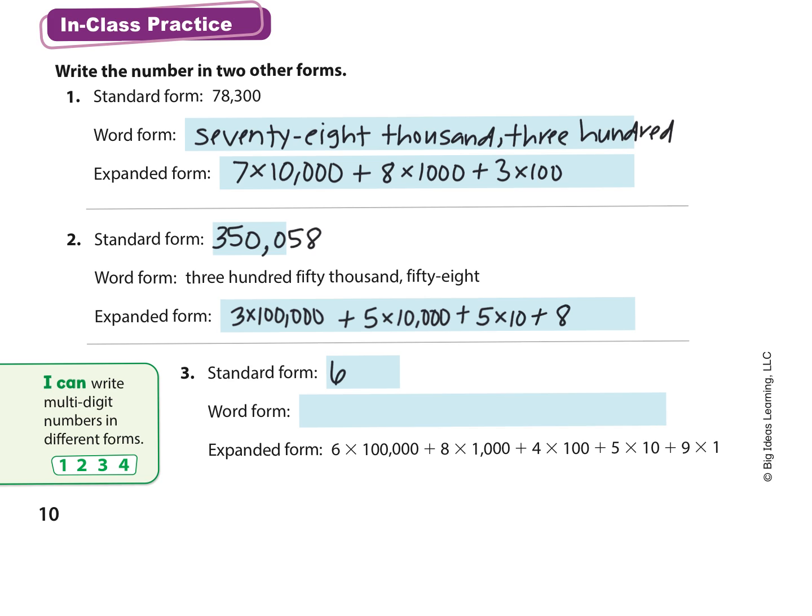Do I have any 10,000s? No, so I put a 0 after that 6, and then an 8, and then a comma. Then 4 times 100 would be a 4 in the hundreds place. 5 times 10 means there's a 5 in the tens place, and 9 times 1 means that there's a 9 in the ones place.